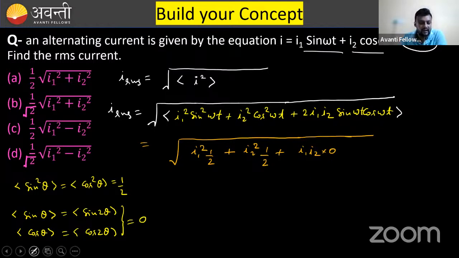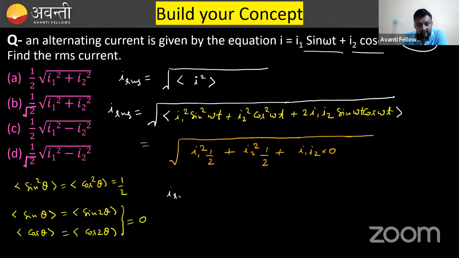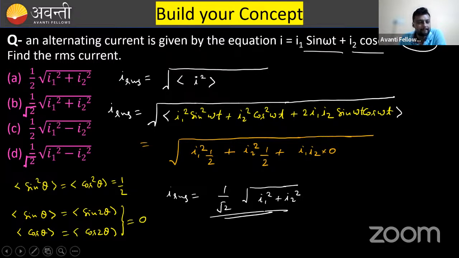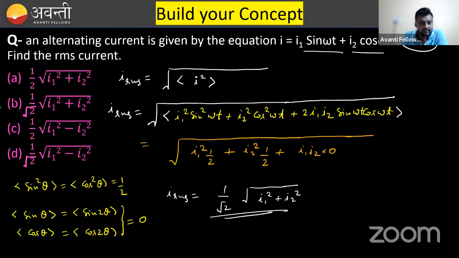So what is the final RMS value? This 2 can be taken out, that is 1 by root 2 times root of I1 square plus I2 square. So this is your answer. Which is the correct option, A or B? That is correct option number B.